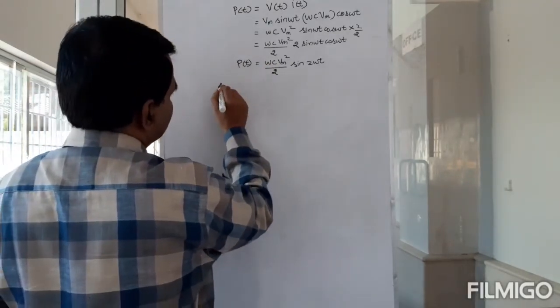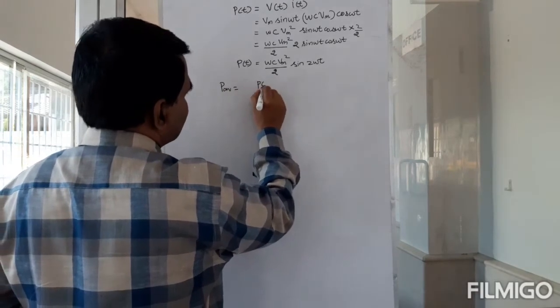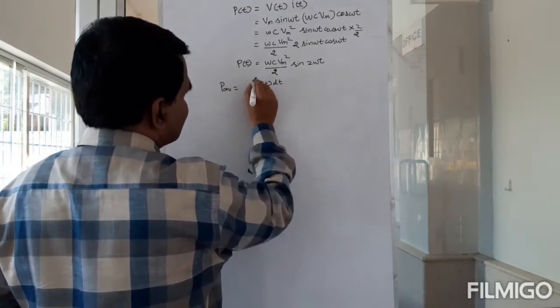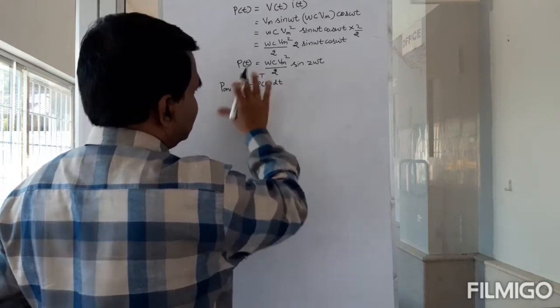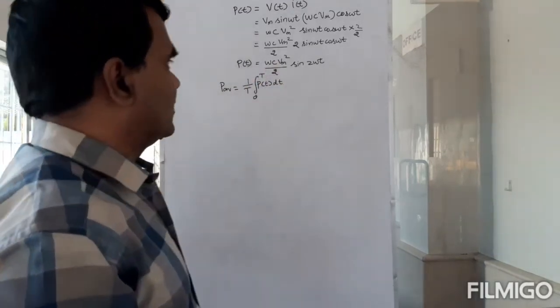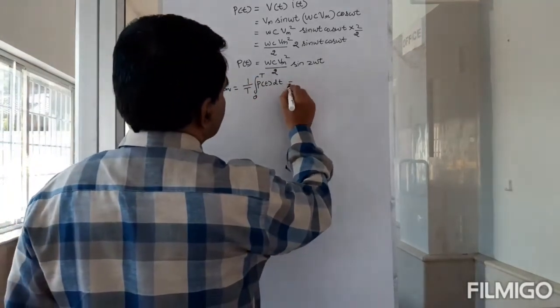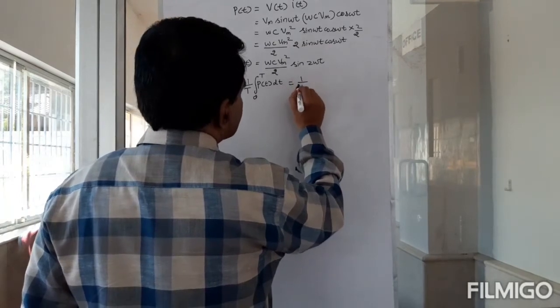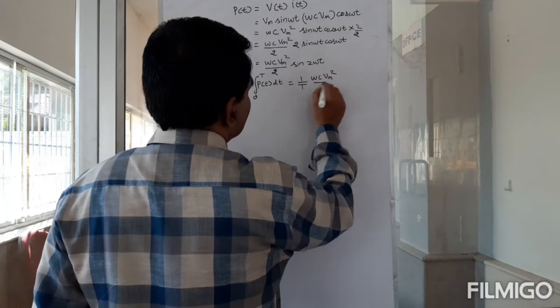So the average power is equal to, we are going to take P of t dt, integrate it over one full cycle, and then divide it by the time period of the cycle. If I do that, then I get the average power. So that is going to give me 1 by T, and omega C Vm squared by 2.